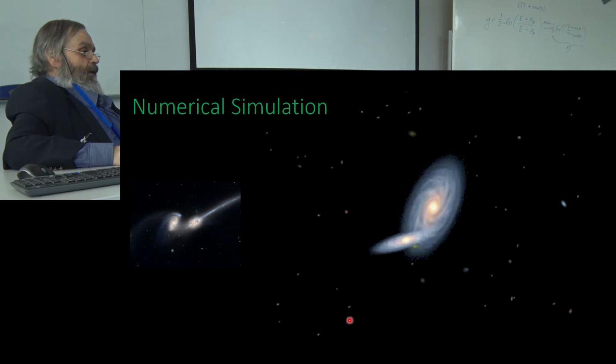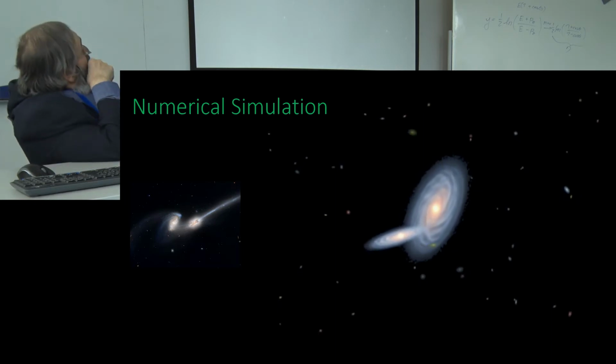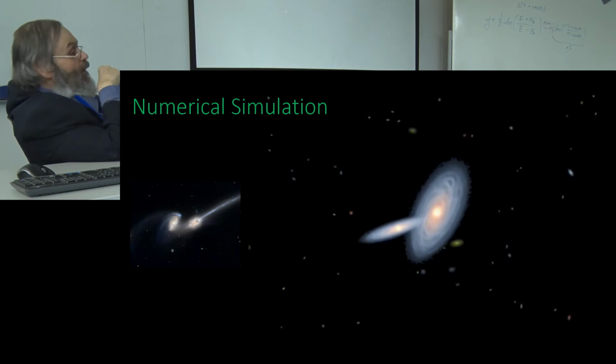So here's a numerical simulation. This is the mice, and I think this is a movie that simulates the mice. It's a little bit blurry, isn't it? Well, it could just be my eyes.